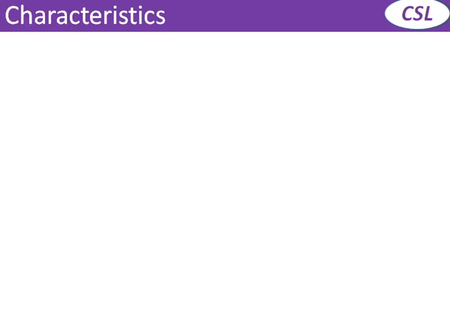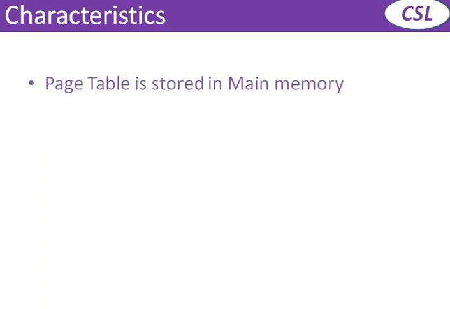What are the characteristics of page table? Page table is stored in main memory. All the paging information is available in the secondary memory, and we need to get that paging information from the secondary memory and load it into the corresponding frame in the main memory. For that we need to maintain one data structure called page table.